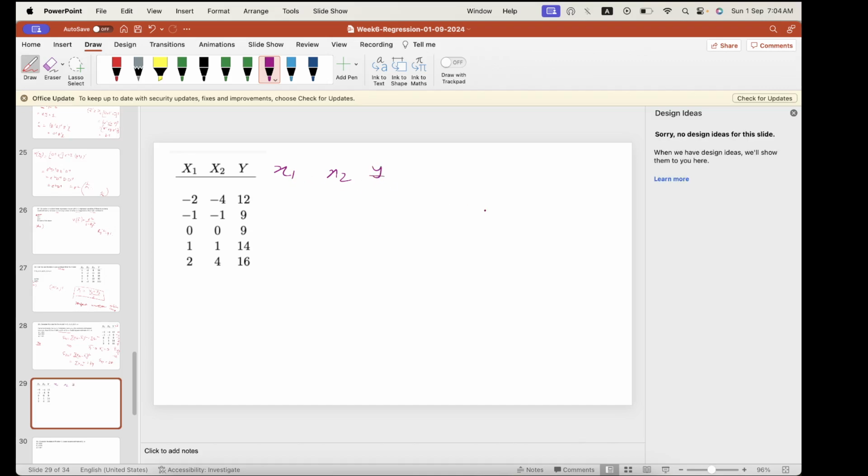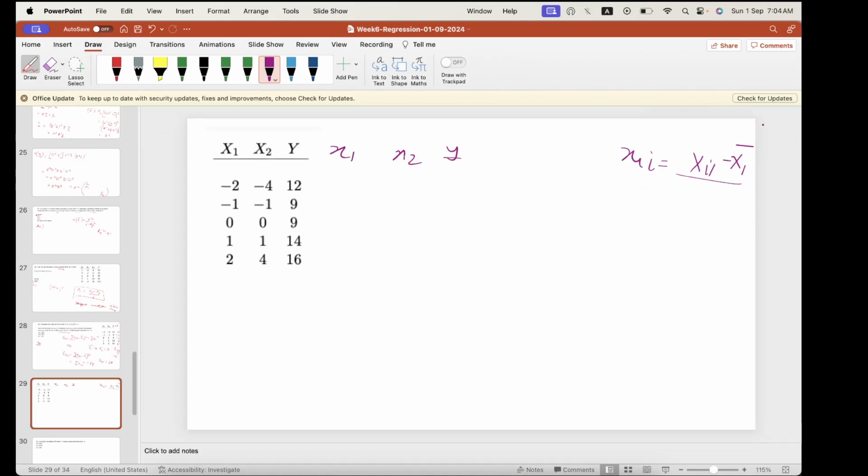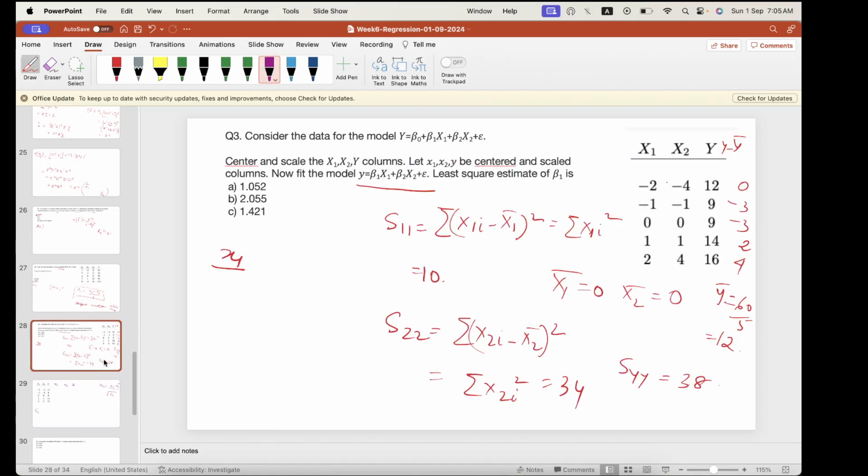Alright. So x1i would be xi1 minus x1 bar by root over S11. Okay. So x1 bar is 0. So this will be, and here I have S11 is how much? I'll write it down here as well. S11 is 10.